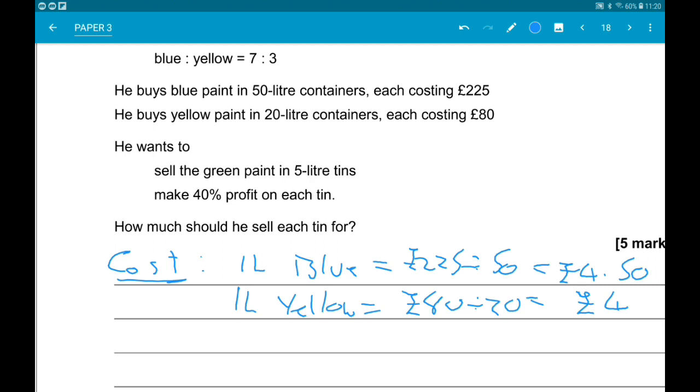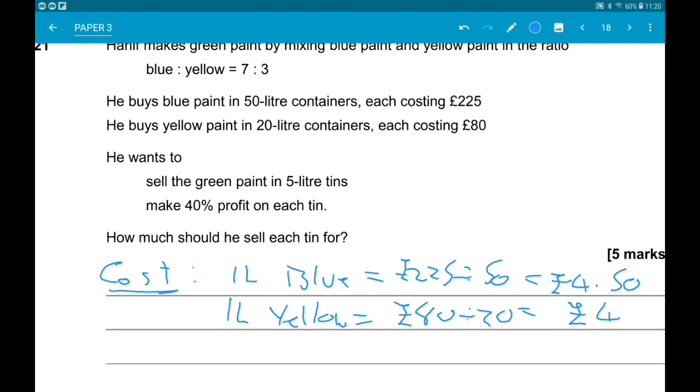Okay, so again the ratio 7 to 3 tells us every time he uses 7 litres of blue, he uses 3 yellow.